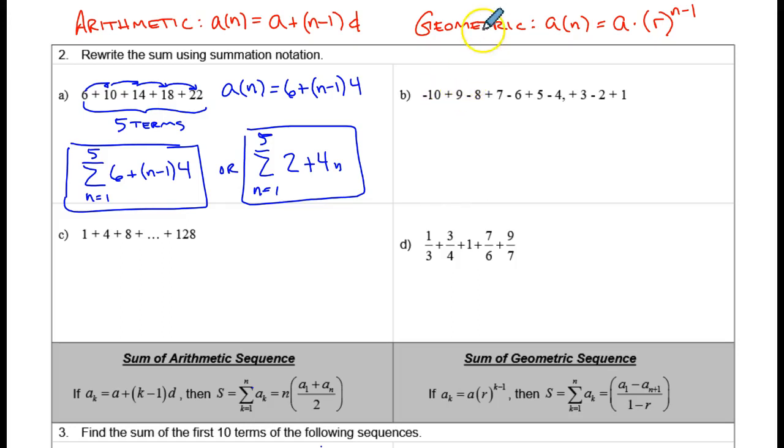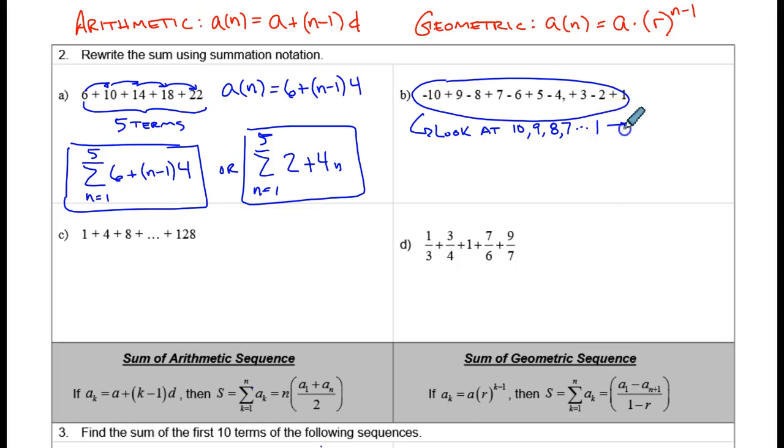So the first thing I want to do here is look at it as an arithmetic sequence: 10, 9, 8, 7, dot, dot, dot, until we get down to 1.